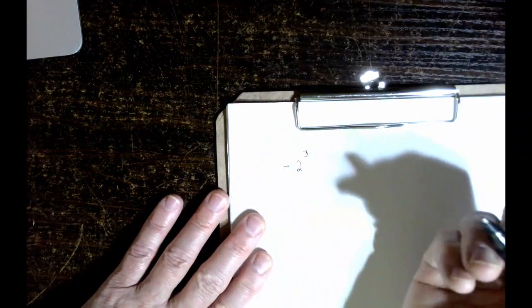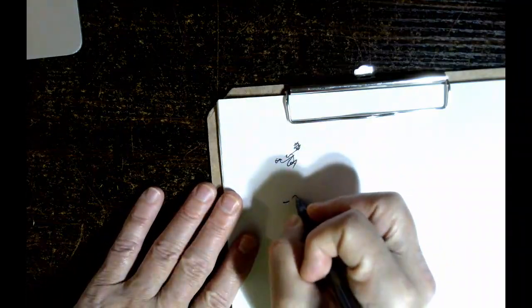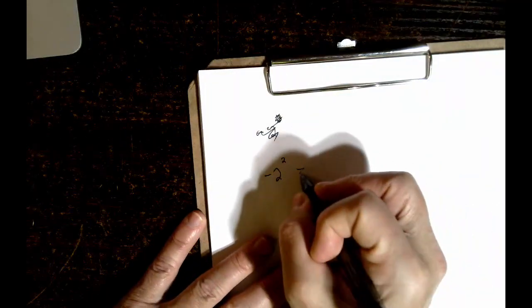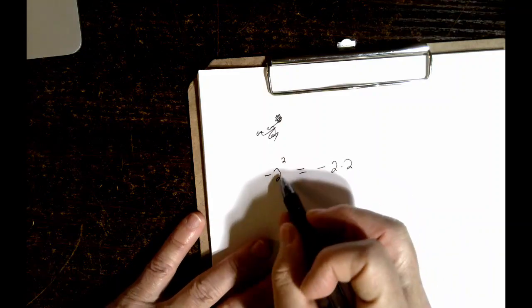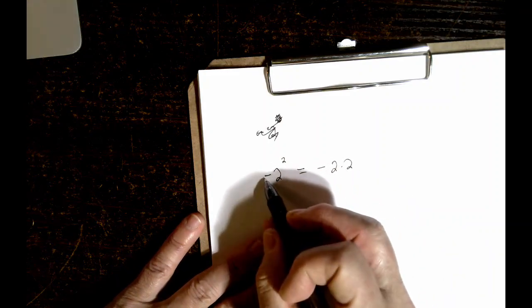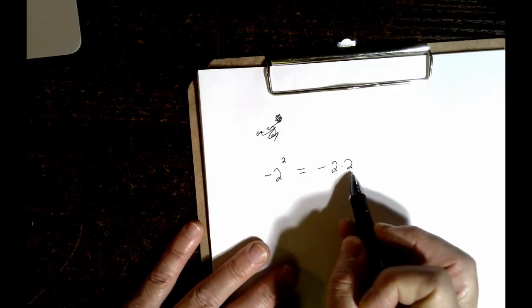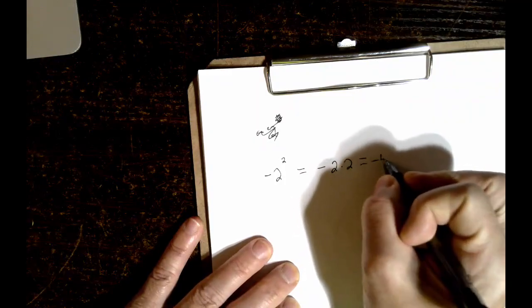Let's try 2 to the second. Negative 2 to the second, without parentheses, is negative 2 times 2, because the only thing the exponent sees is the base. It doesn't see the sign of the base. So the thing it's going to repeat is the 2, but not the negative sign, and your answer there is negative 4.